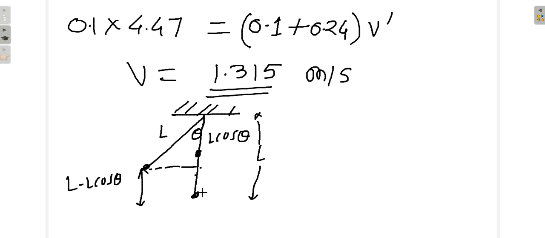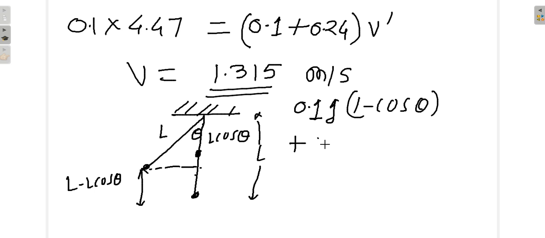Since it is in the upward direction, it will be work done due to the 100 gram mass, that is 0.1 into g, L is 1 only, and 0.24 into g, half of that.